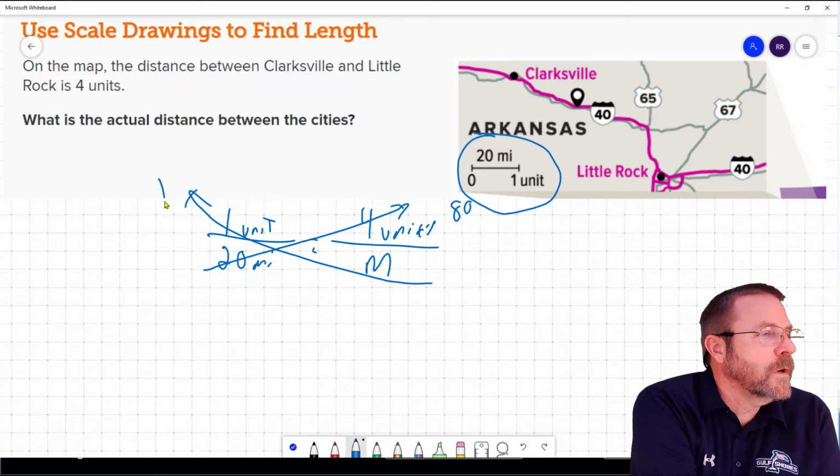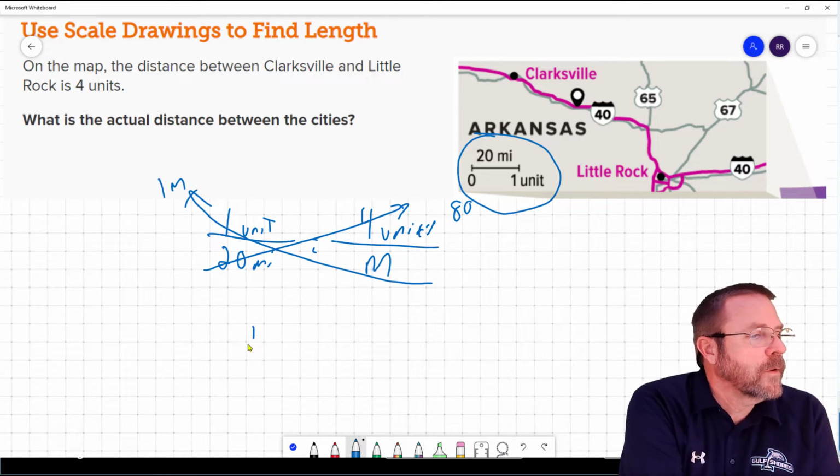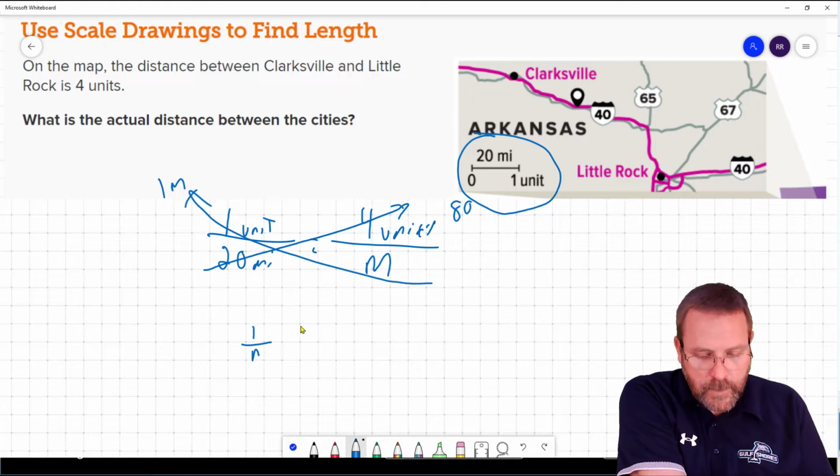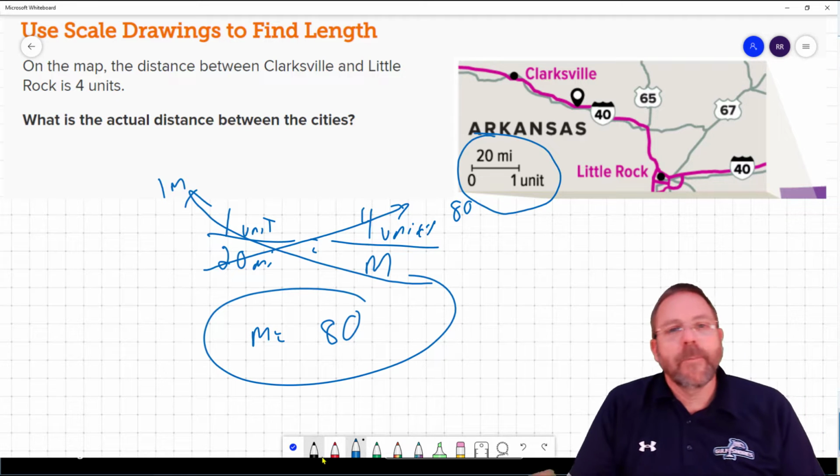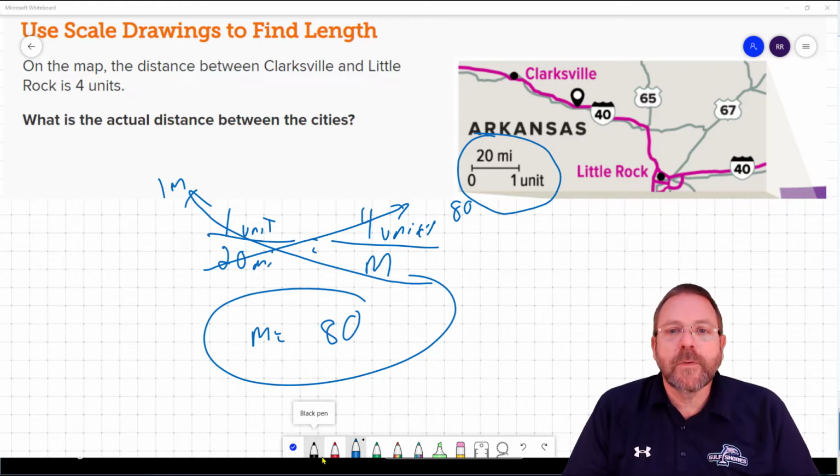M times 1 is going to give me 1M. Therefore, I can say that not 1M, just M is going to equal 80. Therefore, it's going to be approximately 80 miles between the two.